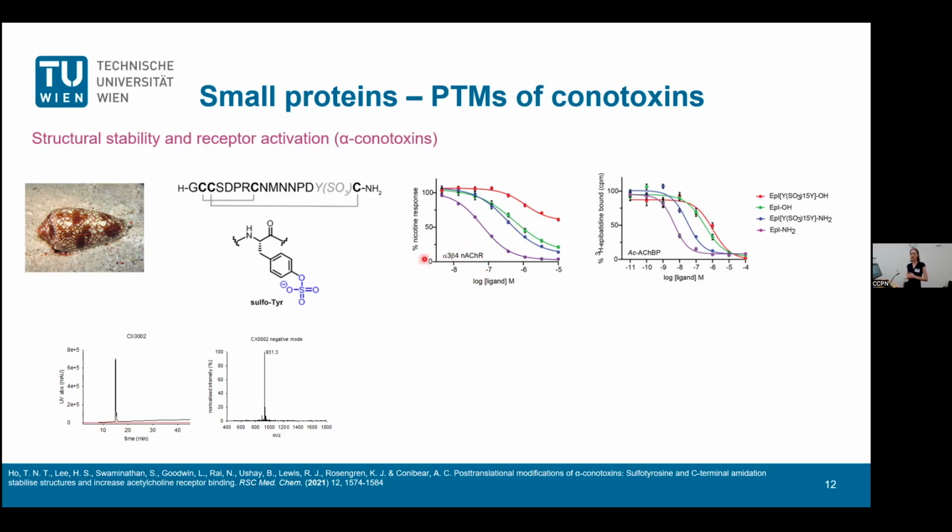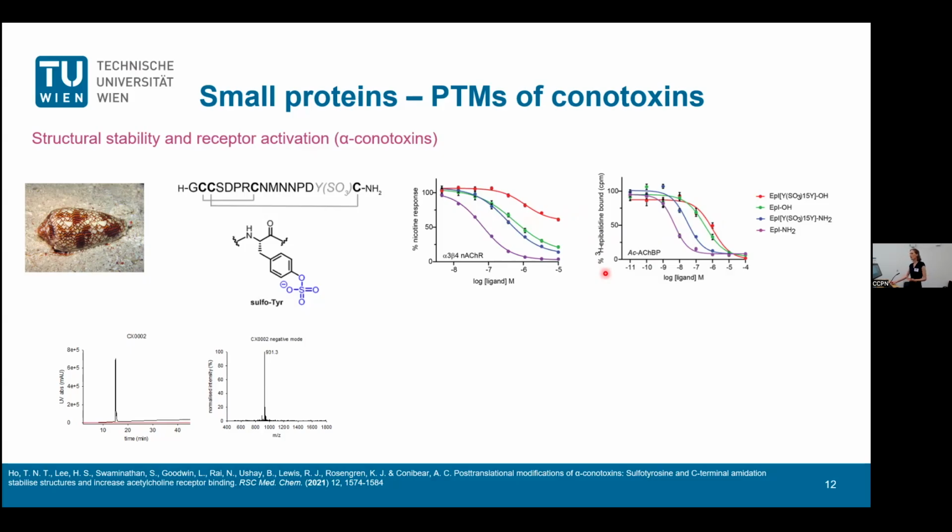And we could see that as we add in the modifications, the tyrosine sulfation and the C-terminal amidation, we get an increase in the activity. We also get increased binding to an acetylcholine binding protein, which is the mollusk equivalent of this receptor.